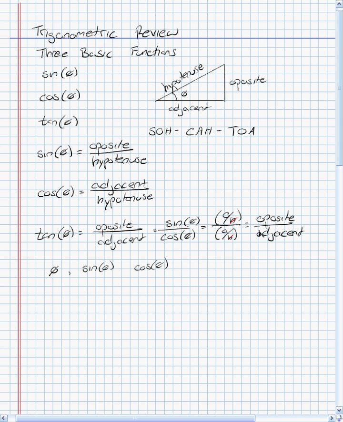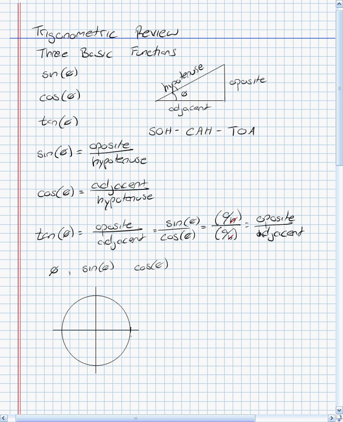The first thing we need to do is construct what we call the unit circle. So we're going to define a coordinate system, and define a circle within that coordinate system that has a radius of 1.